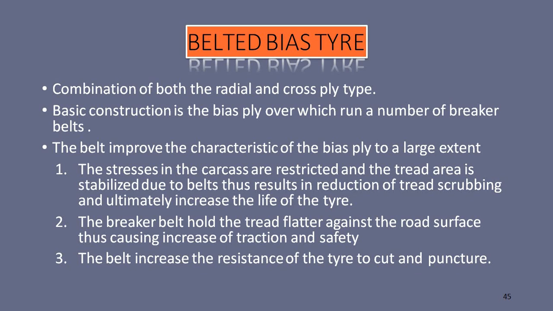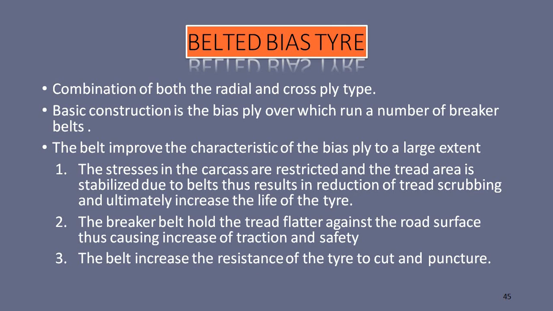Next type is the belted bias tire, a combination of both types, radial and cross-ply. The basic construction is the bias ply tire over which run a number of breaker belts. The belts improve the characteristics of the bias ply to a large extent.